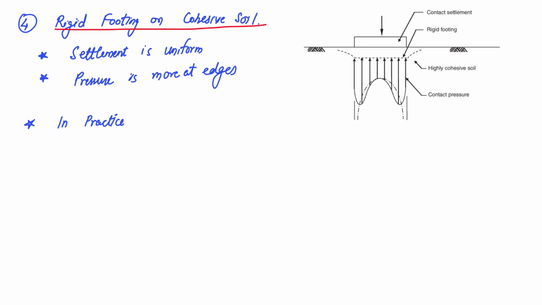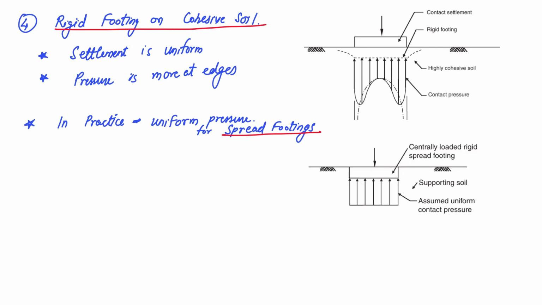So it is common practice to use a uniformly distributed contact pressure. We simply take a uniform pressure just below the spread footing, and results of some field measurements indicate that this simplification in the design of spread footings does not cause serious error and the assumption can be considered adequate.